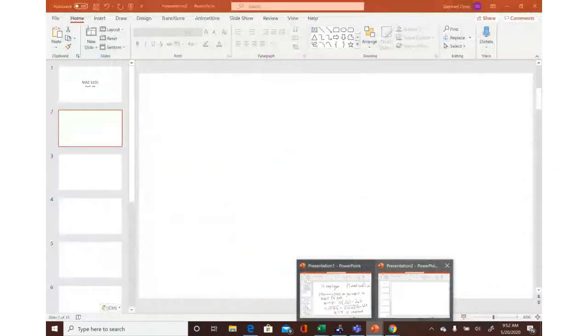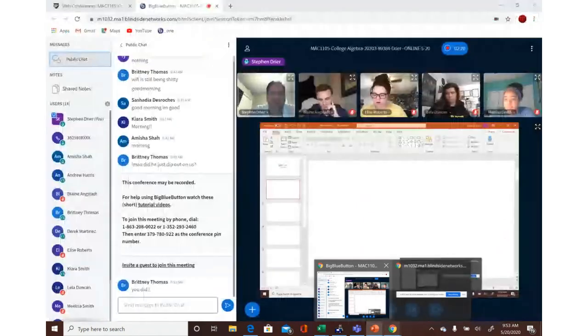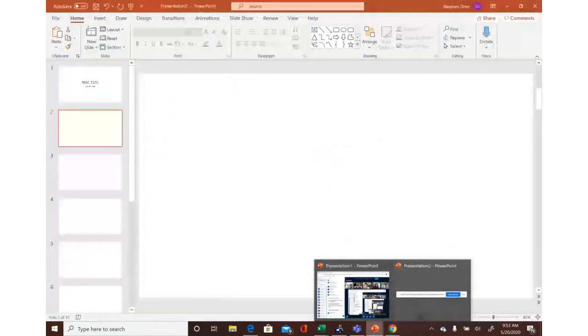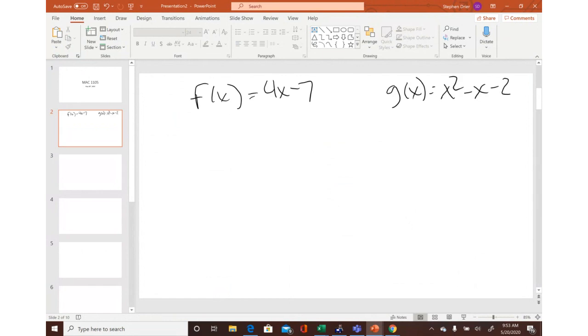So anyway, let's go ahead and continue that conversation. Now, if you remember from yesterday, real great conversation we were having as it related to f of x and g of x. Said something like, hey, f of x equals 4x minus 7. Said g of x is equal to x squared minus x minus 2. And I want you to find f plus g of 3.